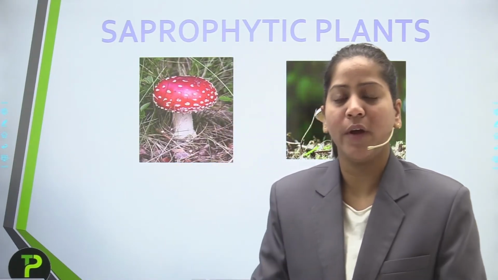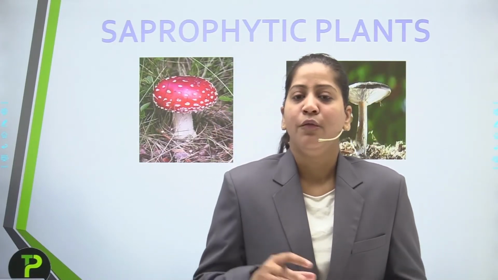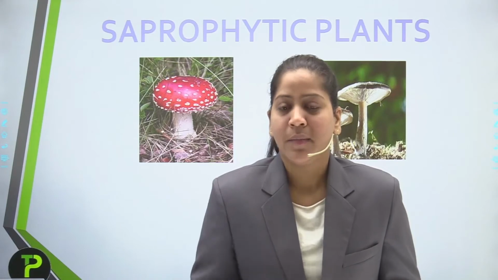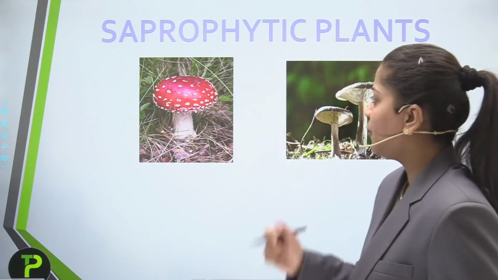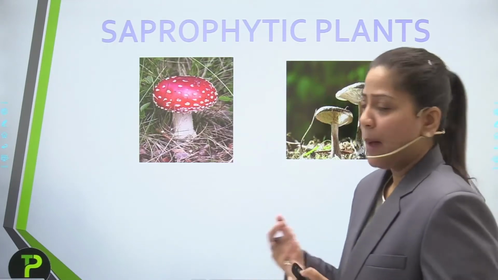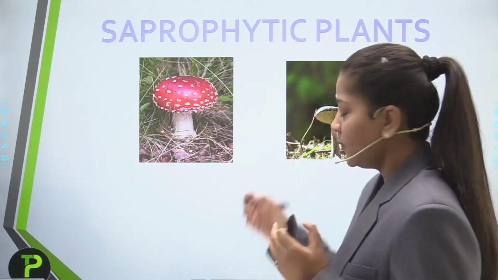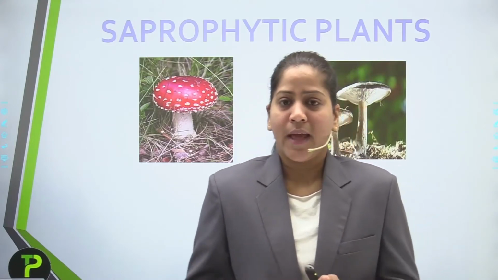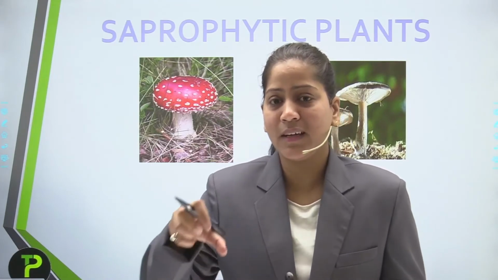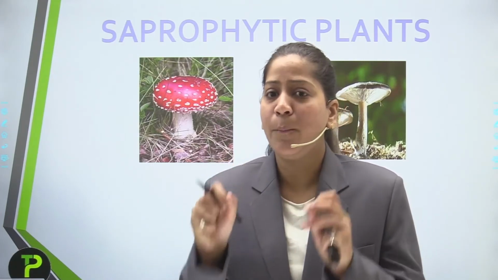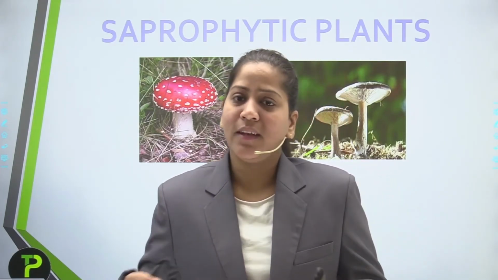But in saprophytic nutrition, the organisms feed on other organisms which may be dead or decaying. What happens actually is, if a plant or animal dies, then fungi will come, decompose them and release a liquid.